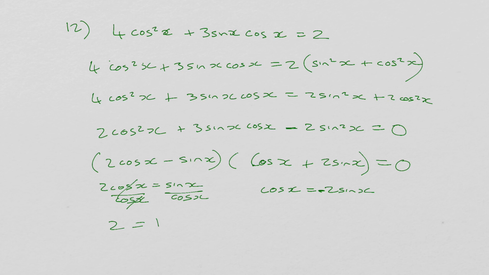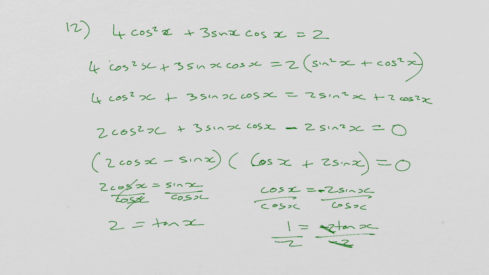And 2 is equal to tan x. And then the same thing over here. Divide by cosine x, divide by cosine x, and 1 is equal to minus 2 tan x. Don't want minus 2 tan x, going to divide both sides by minus 2. There's tan x.